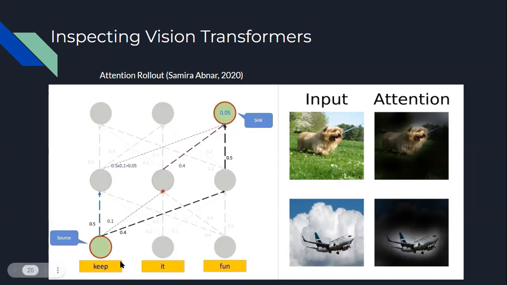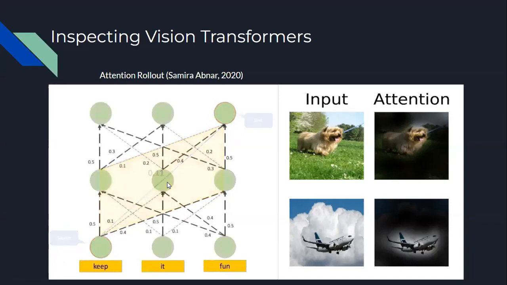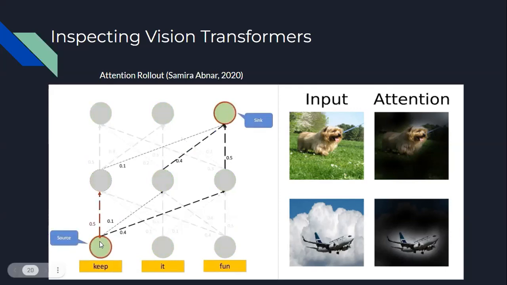If you look at the example on the left, we can relate any output, maybe the class label for dog or plane in this case, to all of our inputs by simply computing a forward pass and then averaging the activations from each attention head. Once we do that, you could recursively multiply those activations together and then sum them up to get basically the relationship between the activation in the attention head and the input space.